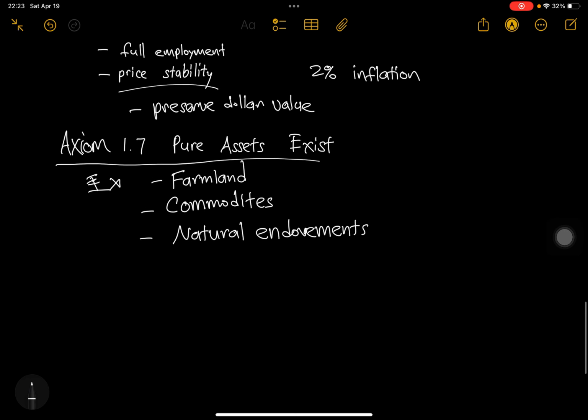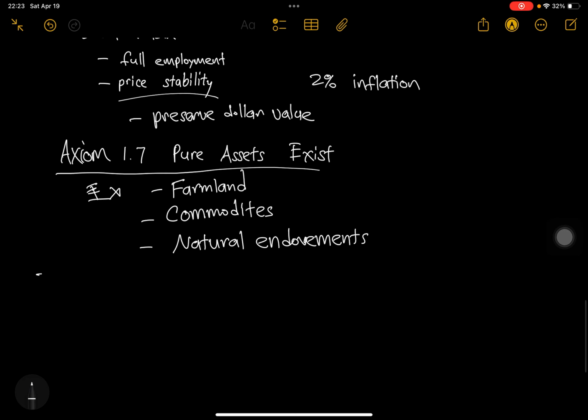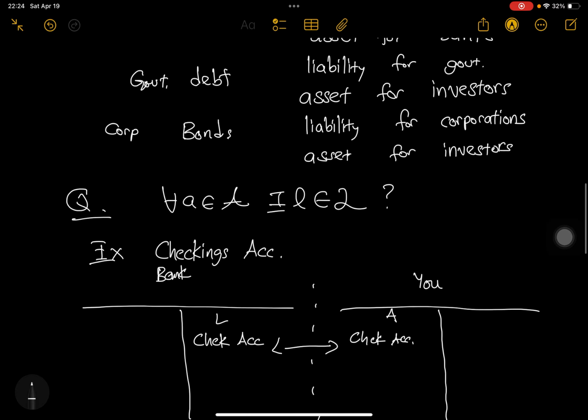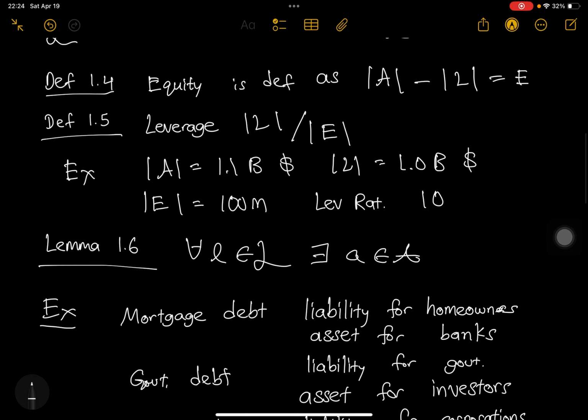Okay, so finally, let's go back to the consequences of lemma 1.6, if you forgot, that all liabilities have a corresponding asset.